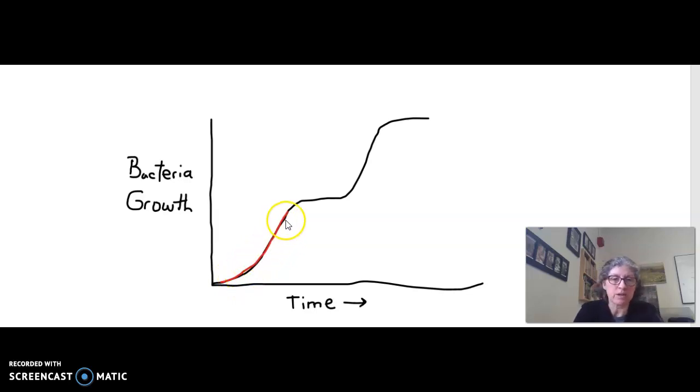Which food is it preferring, and will the Lac Operon be operating at this point? Then go up here. What about here? In this upslope right here. What food is it now eating? Must have run out of something, and now it's eating something else. And will the Lac Operon be operating here? Okay, think about that, and hopefully that will help you with your Go Formative today.